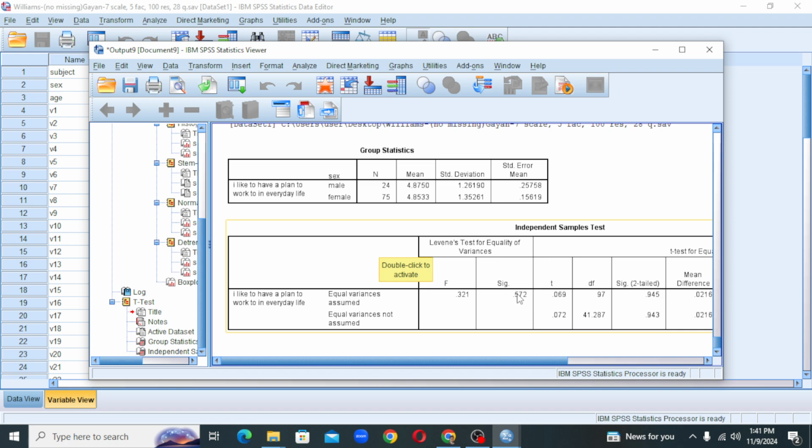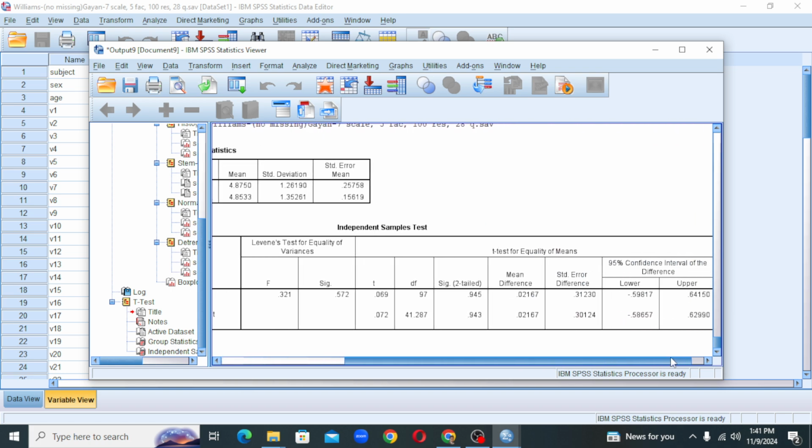That means we have to go by the null hypothesis, that population variances are equal for males and females. So if this is non-significant, we can proceed with the t-test for equality of means.